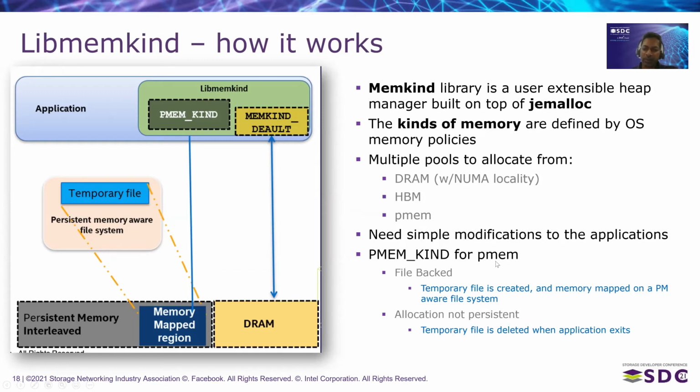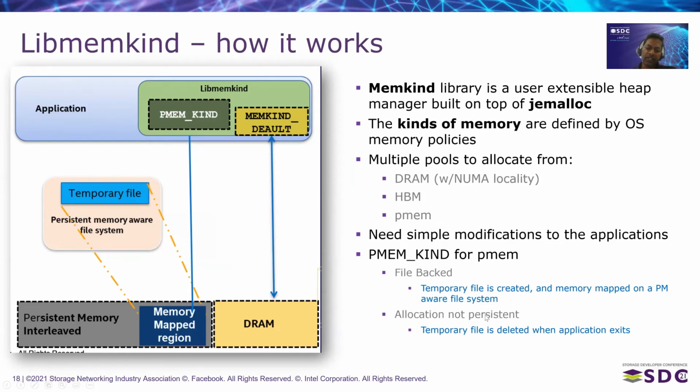PMEMkind is one example. In the PMEMkind, there are different PMEMkind hooks available in the Libmemkind. One of them is the file-backed one, where a temporary file is created and memory mapped, and then you can issue the malloc and free calls on top of that.